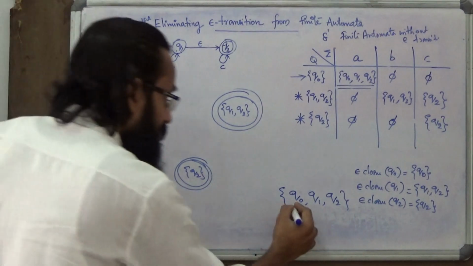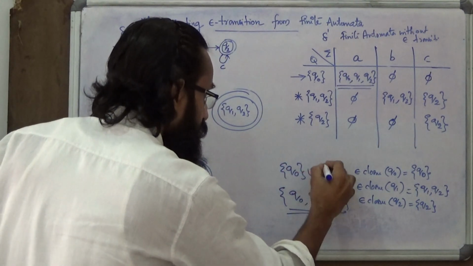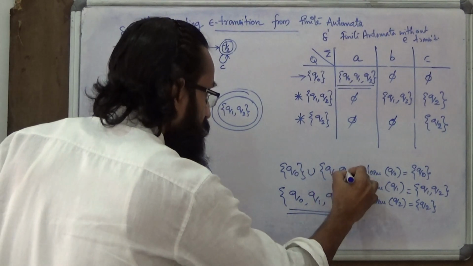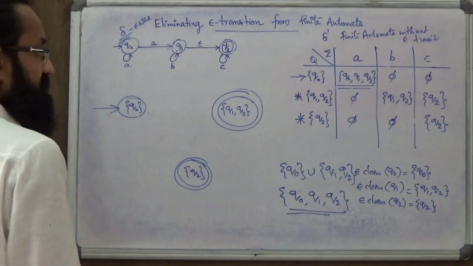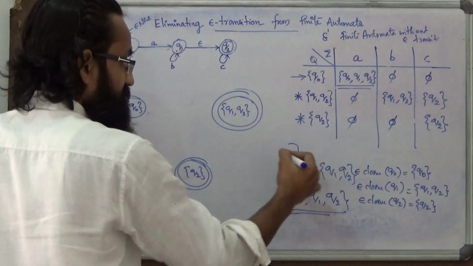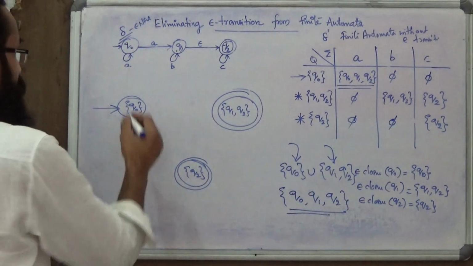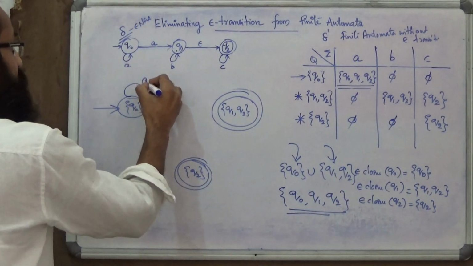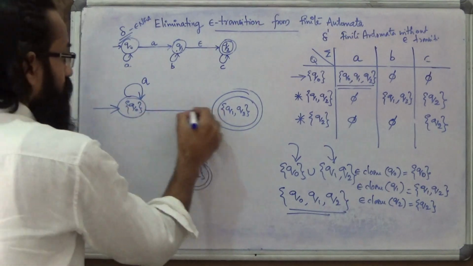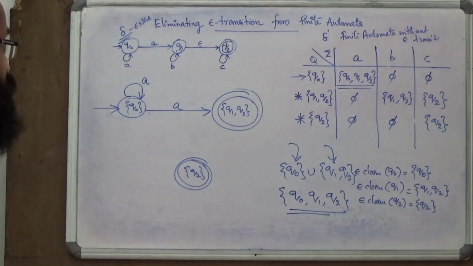So you can treat this as set q0 union set q1 q2, in the sense from q0, if we apply input a, it will remain in the same state q0 or it will go to state q1 q2. That will be the transition. So from q0, if input is a, it will remain in the same state or it will go to state labeled set q1 q2.